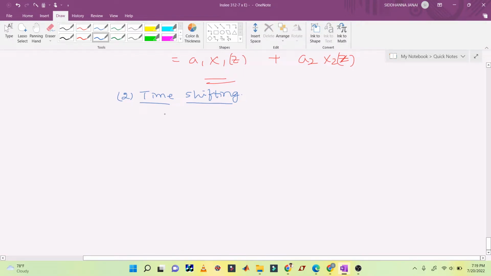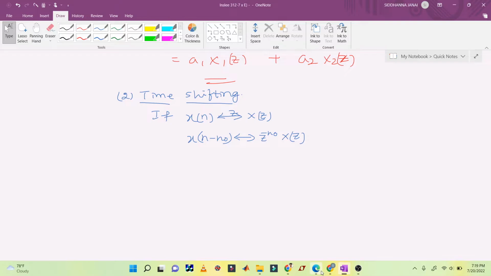Okay, here it states that if x of n will produce a Z transform as x of z, then x of n minus n naught will produce z power minus n naught x of z. Okay, this is the time shifting property.